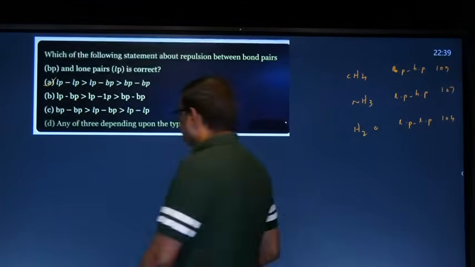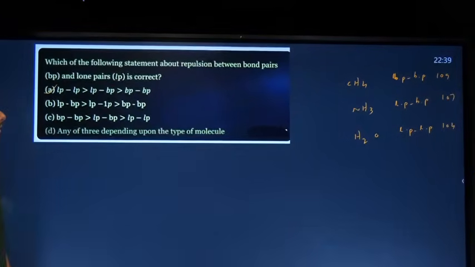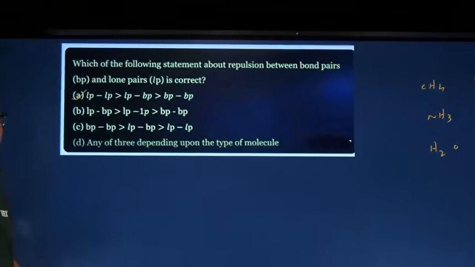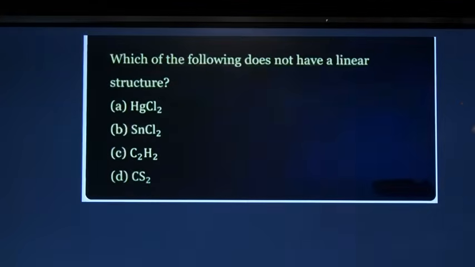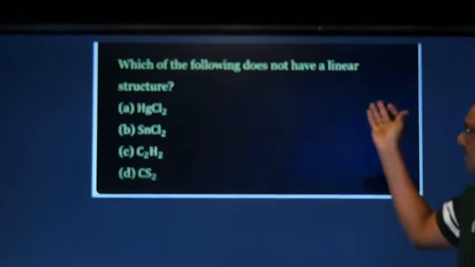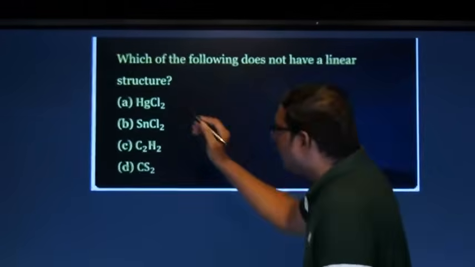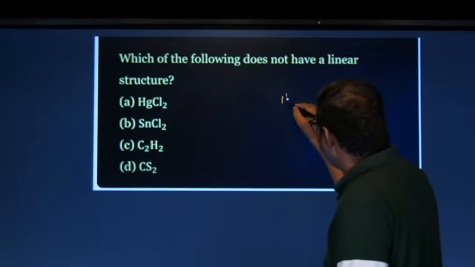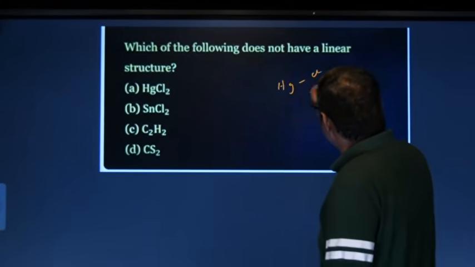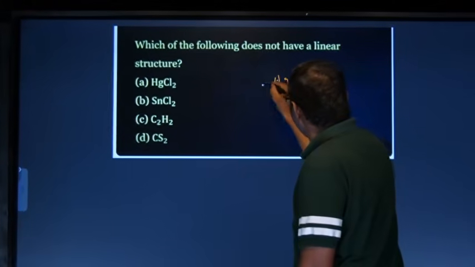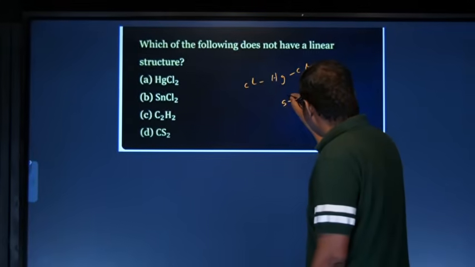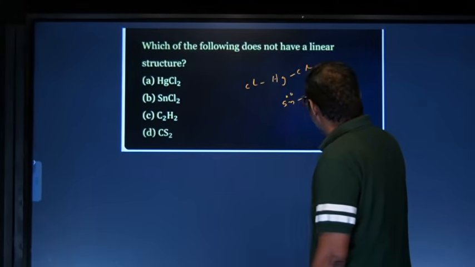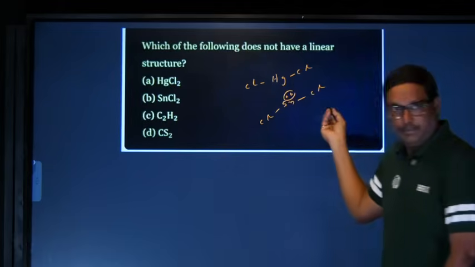Then if you go for the next question. Which of the following does not have linear shape? This is my mercury chloride. In mercury chloride, mercury is the central atom. It has 2 bonds, so no doubt it has a linear shape. And SnCl2, this is my tin with one lone pair and this is bond pair, it has an angular shape.